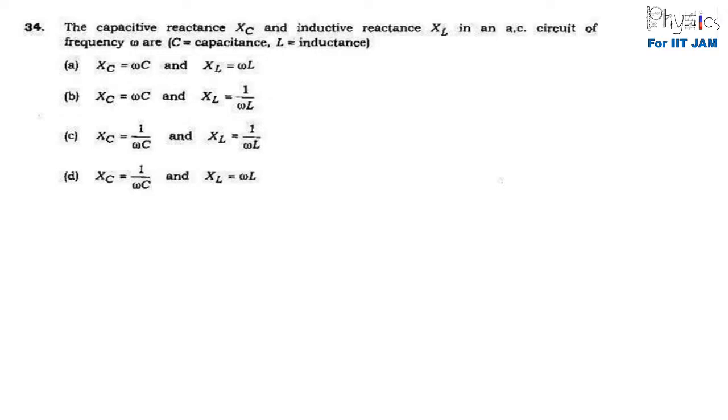The capacitive reactance Xc and inductive reactance XL in an AC circuit of frequency omega are: Option A, Xc equal omega C and XL equal omega L. Option B, Xc equal omega C and XL equal 1 by omega L. Option C, Xc equal 1 by omega C and XL equal 1 by omega L. Option D, Xc equal 1 by omega C and XL equal omega L.